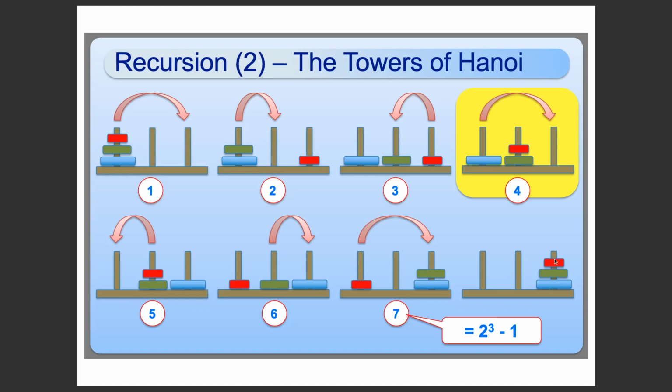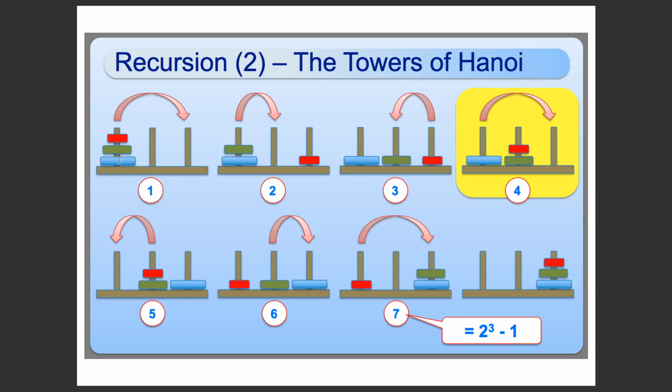Now let's just have a little think about how this solution works. Okay, so if you notice the sequence of states, you'll notice that often we need to shift 2 disks at a time. In order to move this blue disk at the bottom, we've got to move both of these 2 out of the way first.